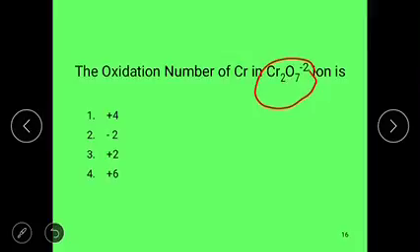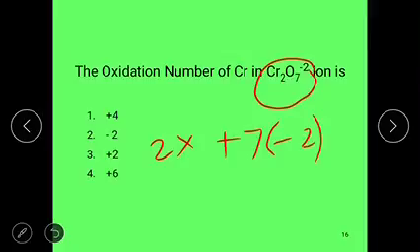For that we take 2 into x plus 7 oxygens, 7 into minus 2, each oxygen taken as minus 2, and it equals minus 2.